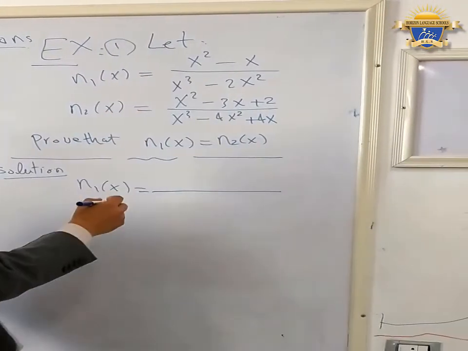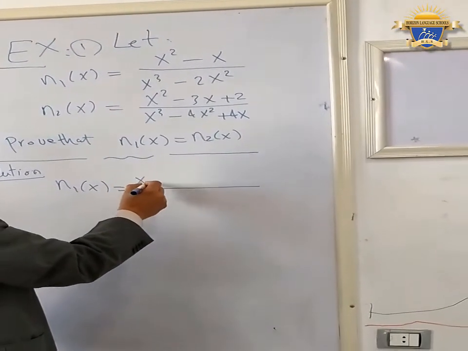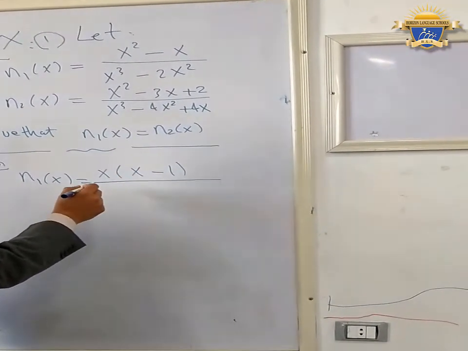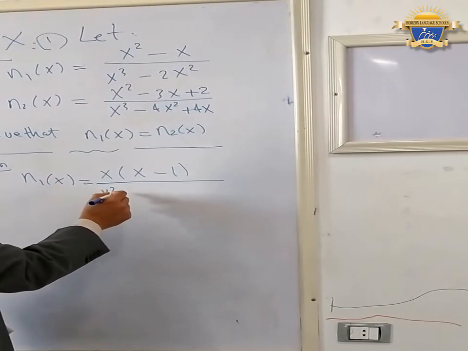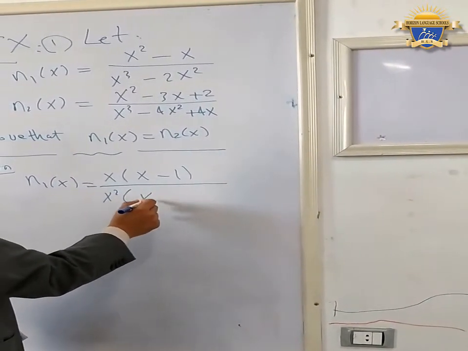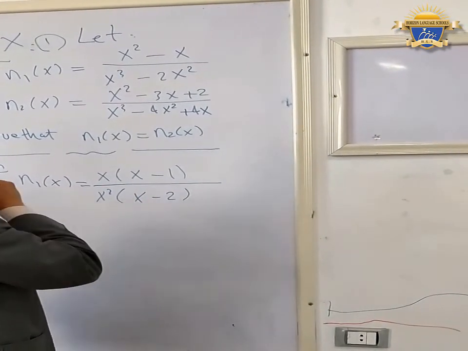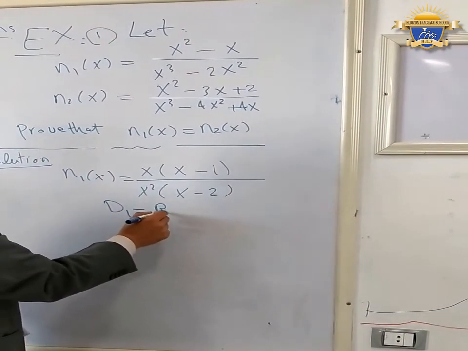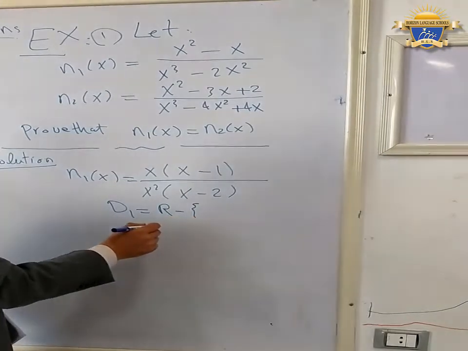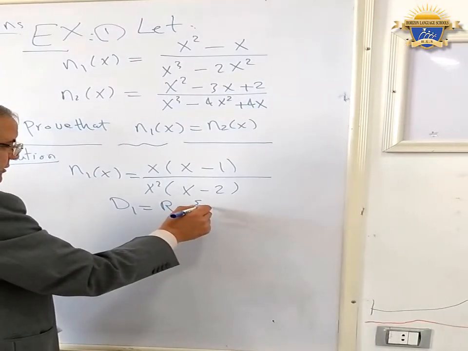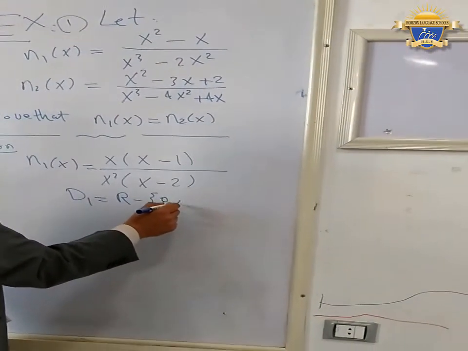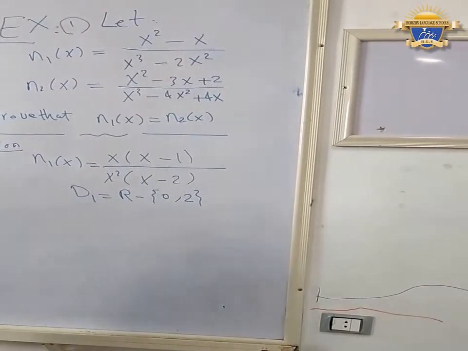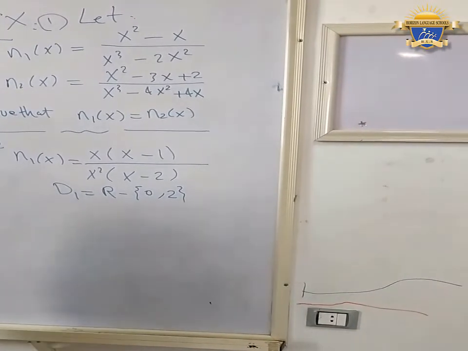The numerator has x as a common factor, the remainder is x minus 1. The denominator has x squared as a common factor, x minus 2. The domain D1 equals R minus the zeros of the denominator, which are 0 and 2.